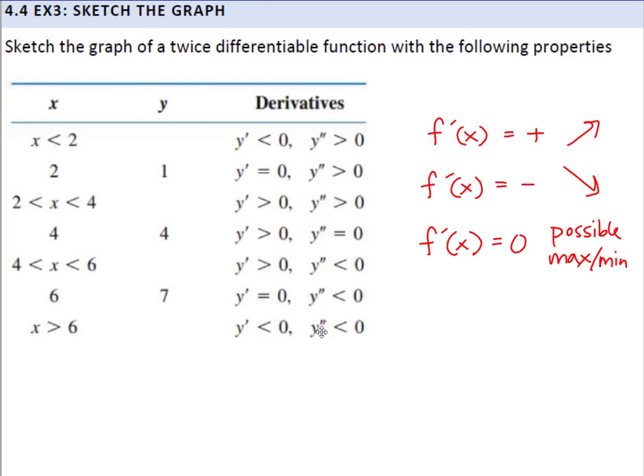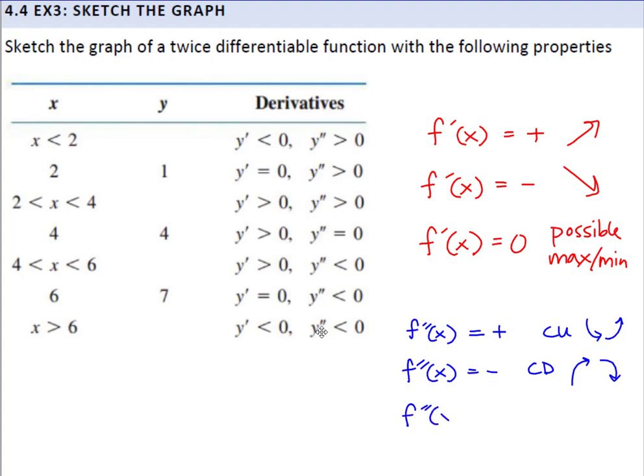Also, what we know about the second derivative, f double prime of x: if the second derivative is positive, it's going to be concave up, so either the left or the right half of a concave up curve. And if the second derivative is negative, we'll have concave down, so the left or the right half of some curve which is concave down.